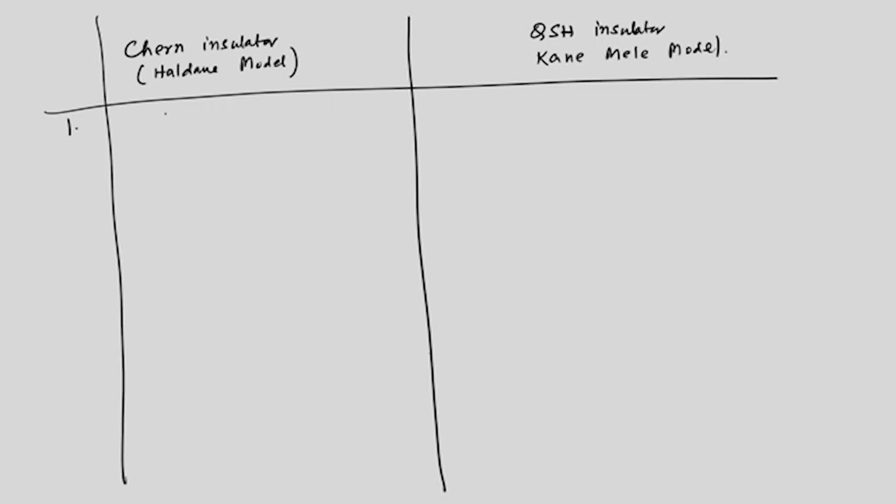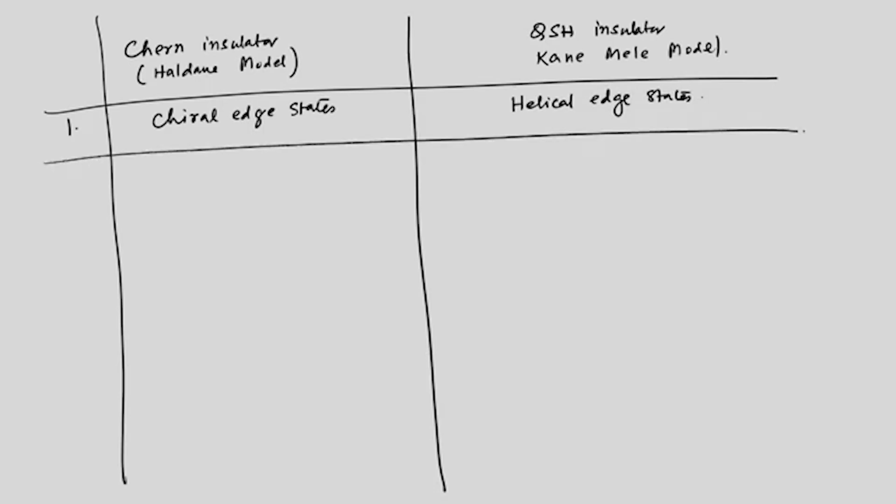So, in no particular order, there are chiral edge states, that is, electrons move in different directions on opposite sides of the sample, and there are helical edge states where they are spin filtered. So this is one, spin filtered.